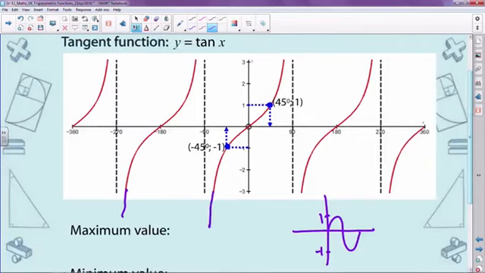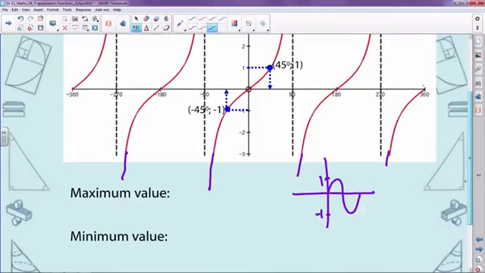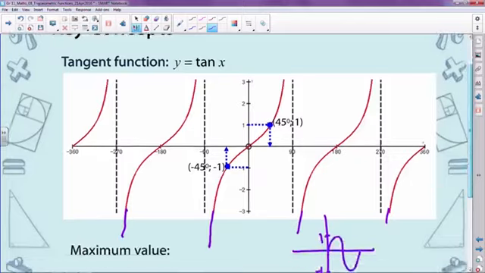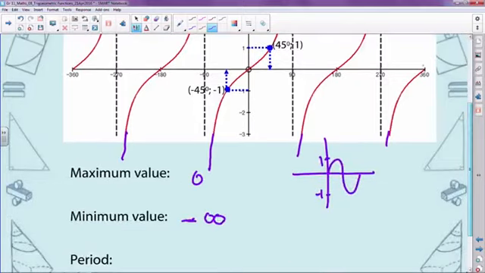So what is going to be your minimum value? You are starting from negative infinity. So this is minus infinity. And then it continues on and on again on that other side. Your maximum value will be positive infinity.